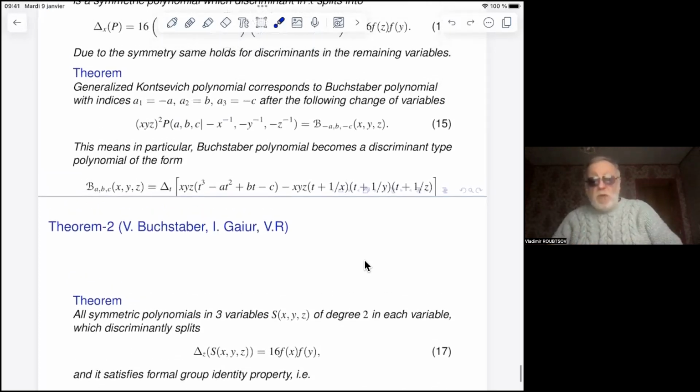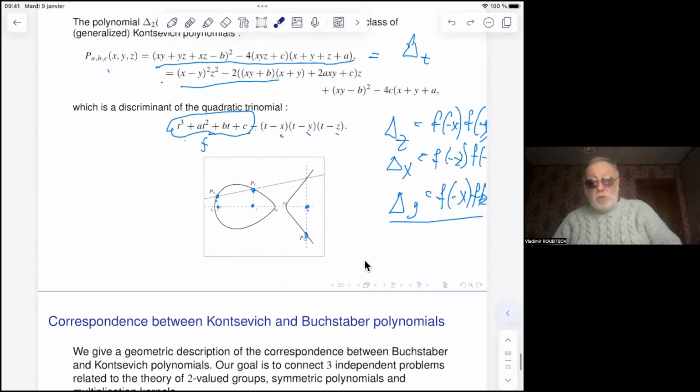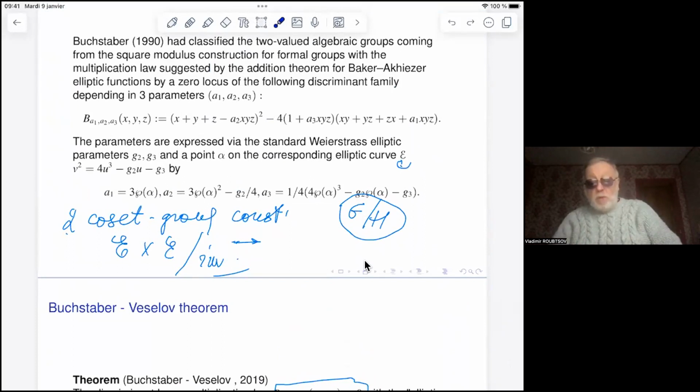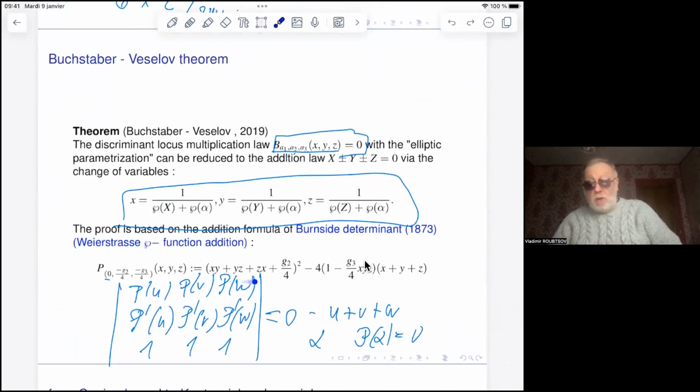For example, if we take the zero locus of this Buchstaber polynomial, which corresponds to my addition law in terms of the P function, then, as I told you, the corresponding formal group is E cross E over involution. It can be considered as a kind of Kummer surface.